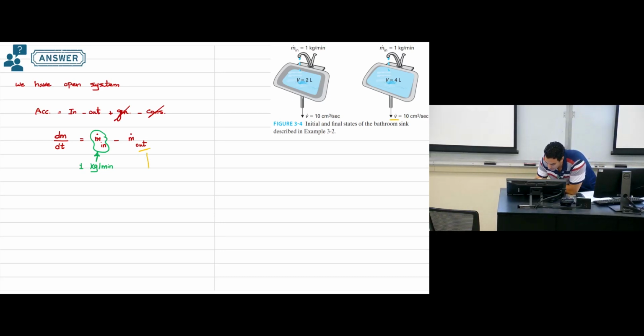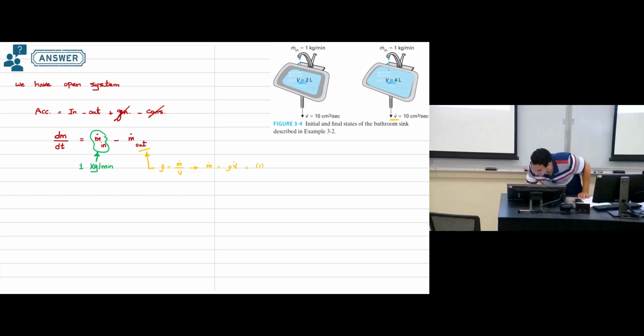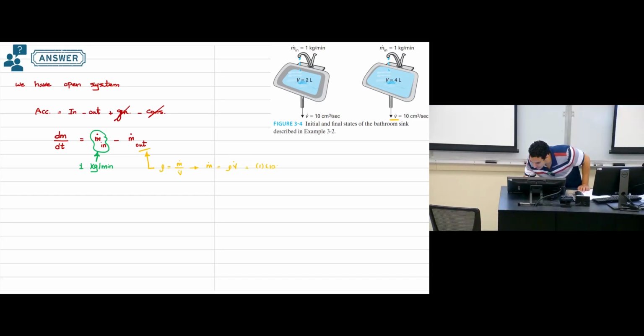What is the relation between them? It is density. Density is mass flow rate over volumetric flow rate, so mass flow rate is the density times the volumetric flow rate. The volumetric flow rate is in centimeter cube, and the density of water is 1 gram per centimeter cube, so this is 1 times 10, which is 10 gram per second.